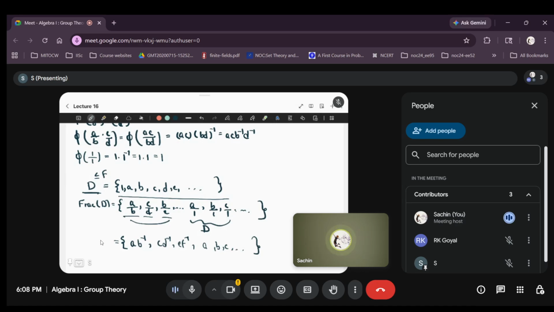So this field of fractions that you had constructed, we only did that because we didn't have inverses for each element in the ring, right? We said it is an integral domain, so all non-zero elements don't have an inverse. If all non-zero elements had an inverse, it would have been a field. Because of that, we couldn't do division, right? Because of that, we couldn't do A into B inverse.